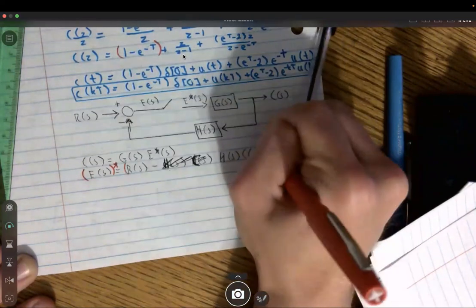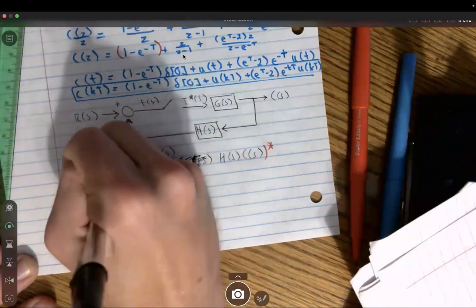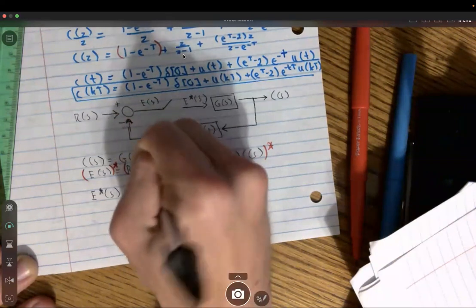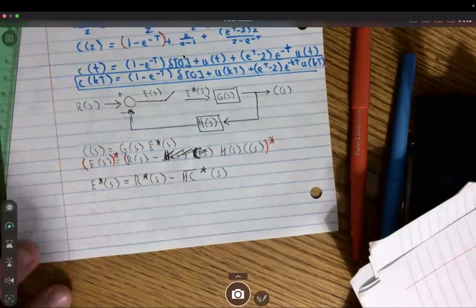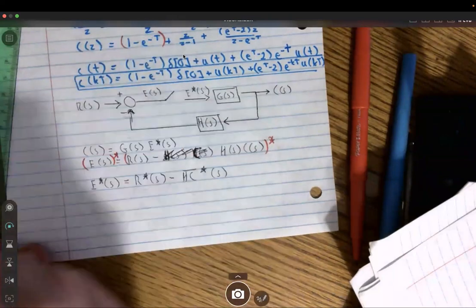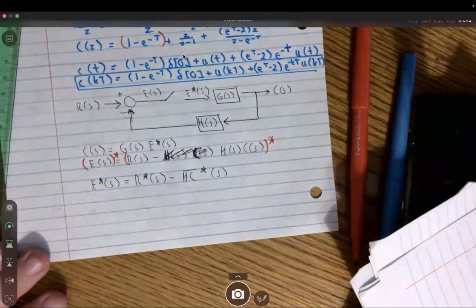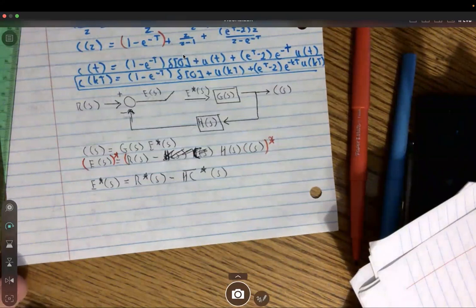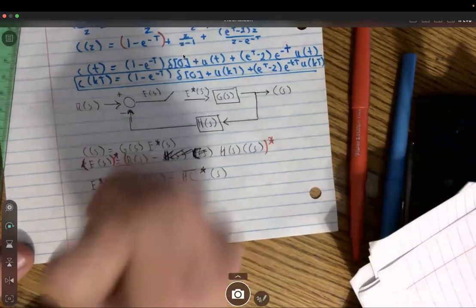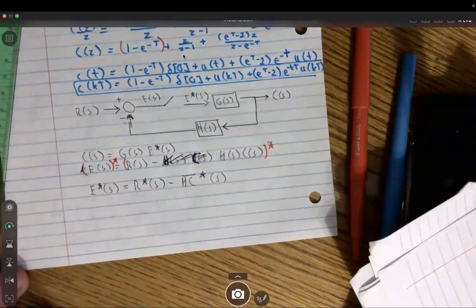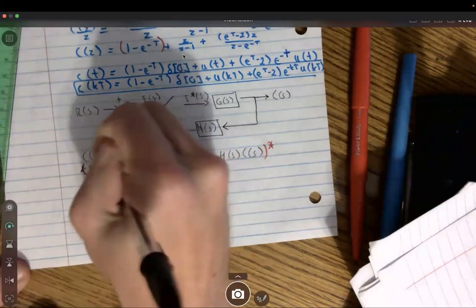E star of S is going to equal R star of S minus HC combined star of S. Then plugging in C of S, wait real quick, because I notice something. I made a slight mistake here. Let me undo that star transform I told you to take originally.